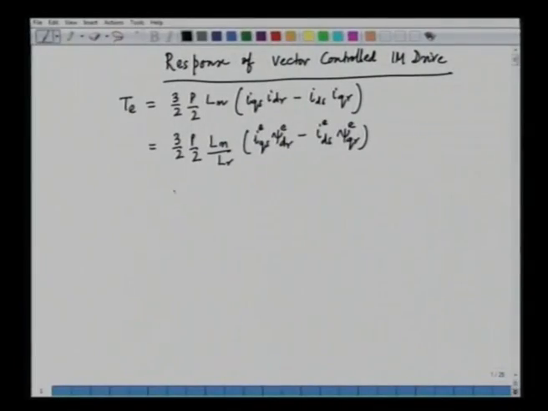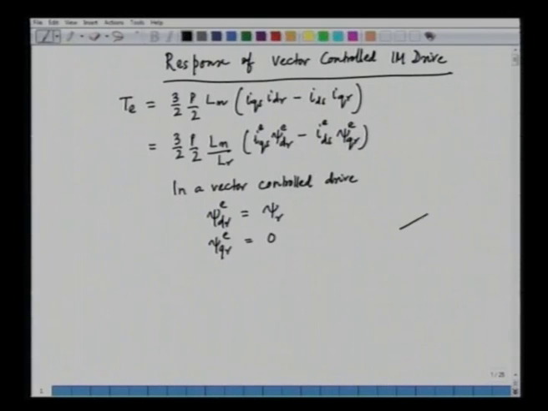So, we see that in a vector control drive, psi dr^e is equal to psi r and psi qr^e is equal to 0, because the d axis of the reference frame is aligned along the rotor flux vector.